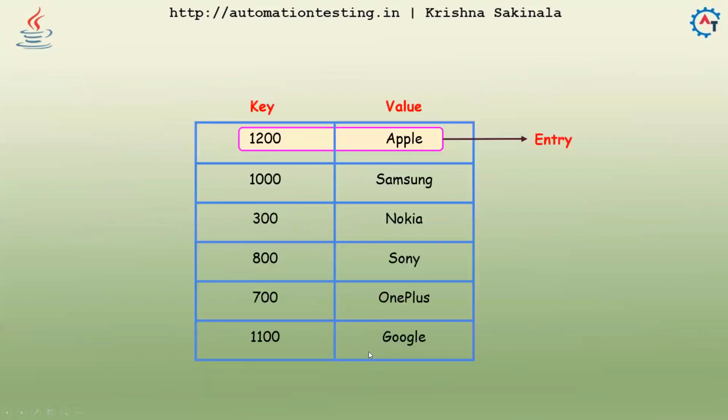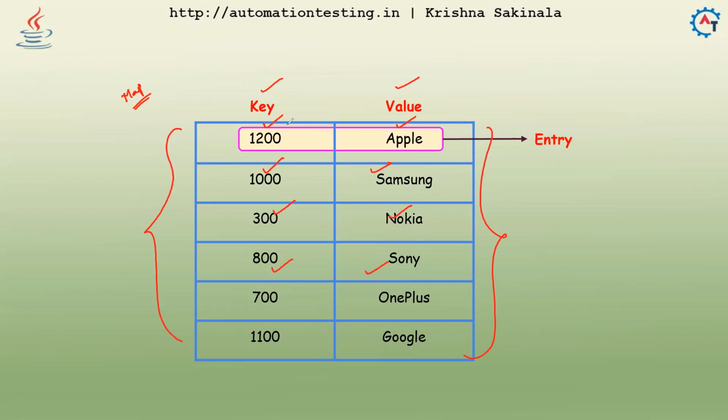If you take an example here, this is a map. A map will have key value pairs. These are all keys and these are all values. For each key you have a respective value: key value, key value, key value.